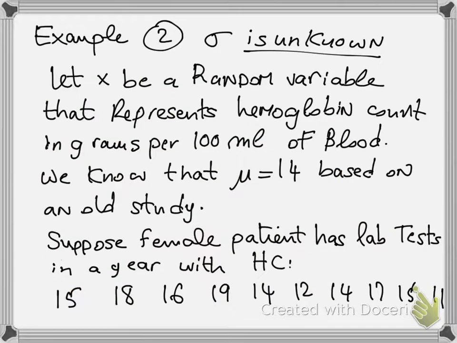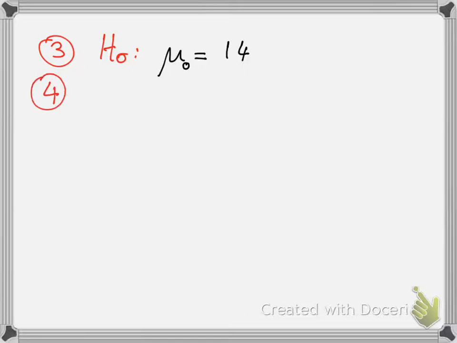Okay. Now, third step, what will be the null hypothesis here? What will be H0? Well, based on an old study, we know that the average or the mean of the hemoglobin count is 14. So the null hypothesis here is that mu, the average of the hemoglobin count, is equal to 14. Okay. Now, we want to test this null hypothesis against what?